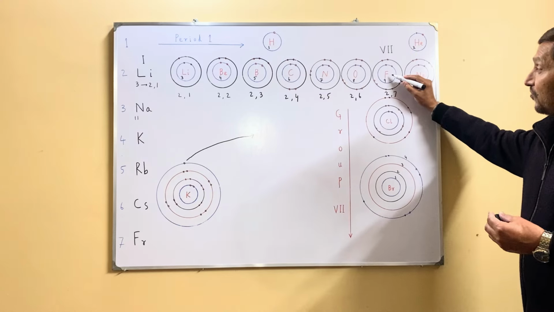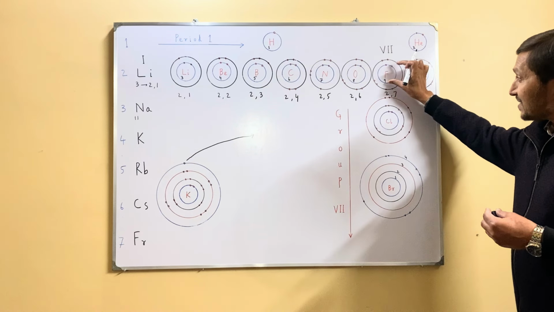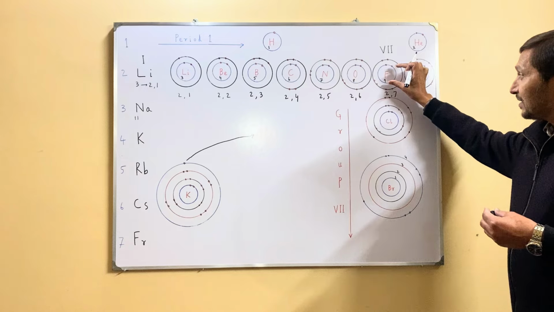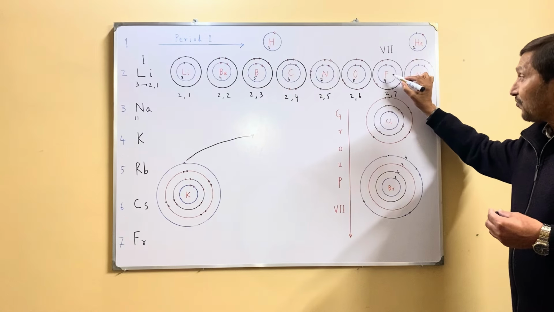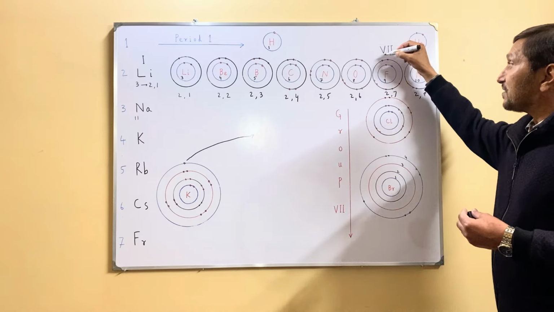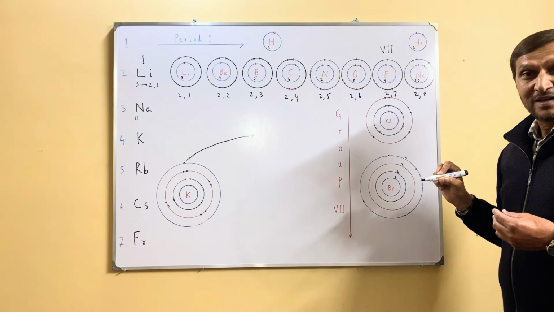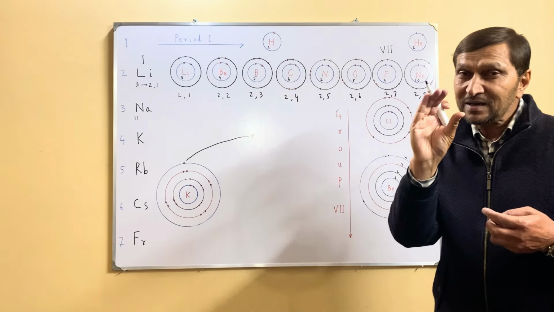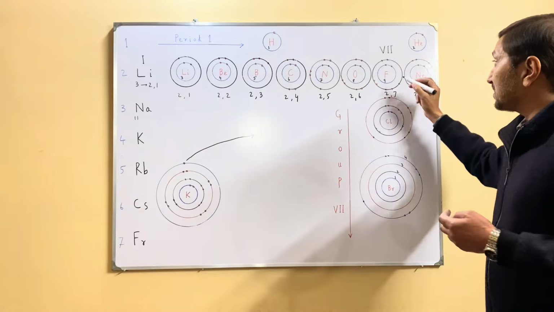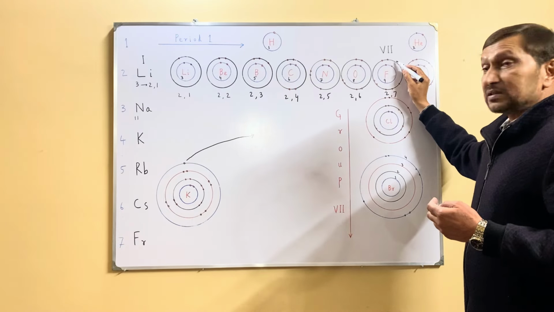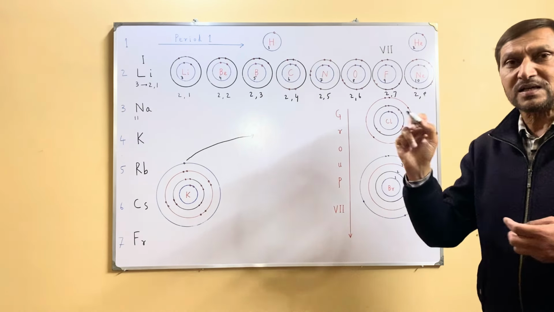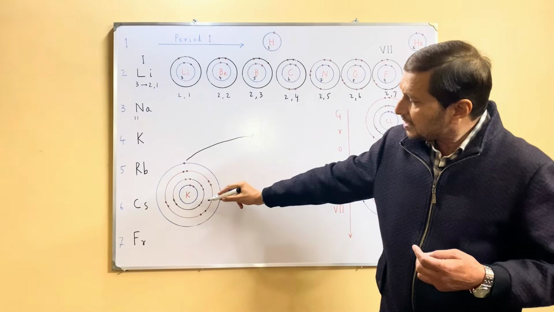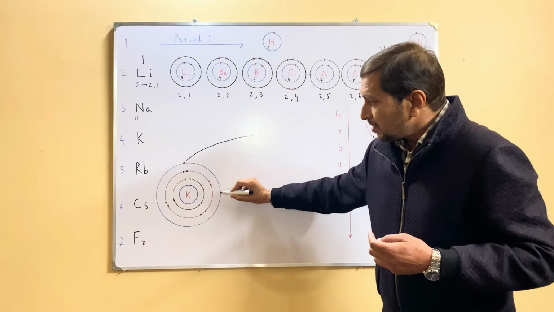However, in fluorine, because of the smaller size of the atom, it is easy for fluorine to receive an outermost electron, because its size is smaller and the force of attraction between the nucleus and the outermost electron is stronger.